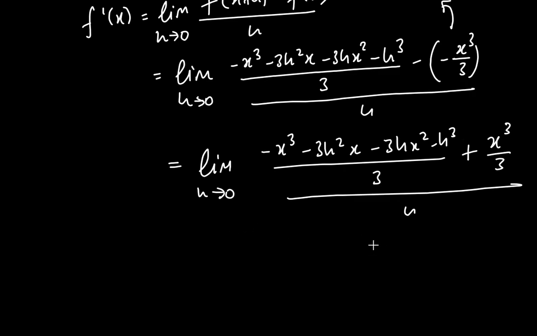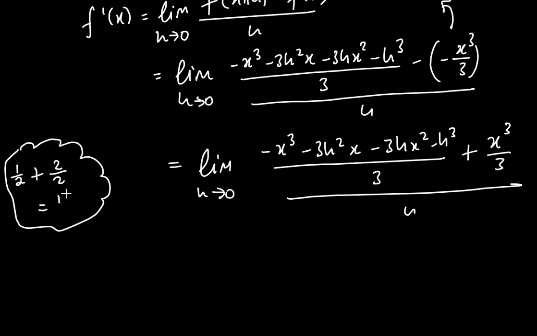Now what is the next step when you have something like this? Remember, 1 over 2 plus 2 over 2 is equal to 1 plus 2 over 2. If the denominator is the same, you write the denominator, then you just add the numerators. We're going to do the same thing here since the denominator is the same.